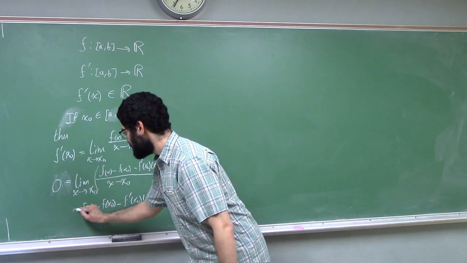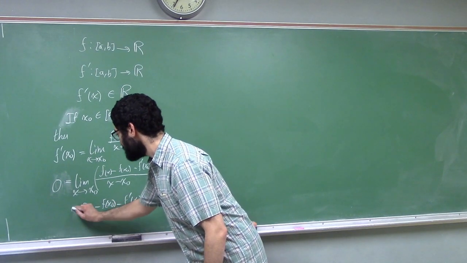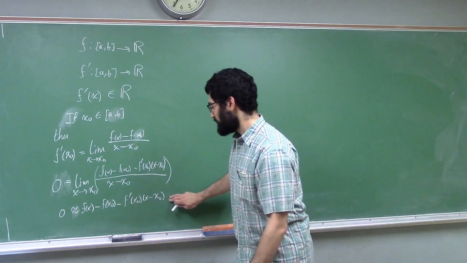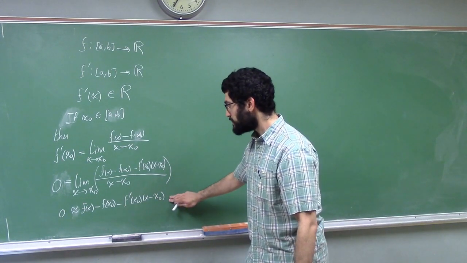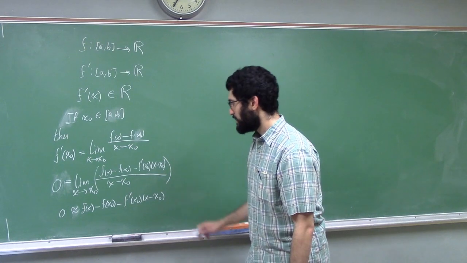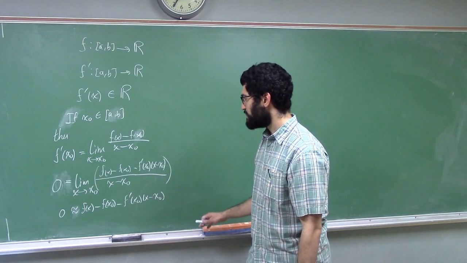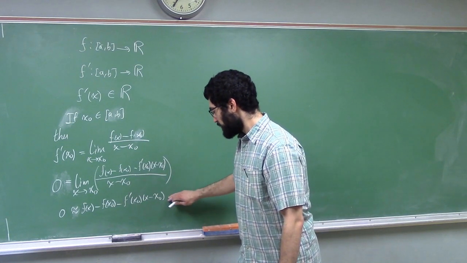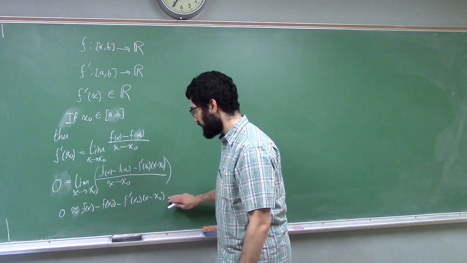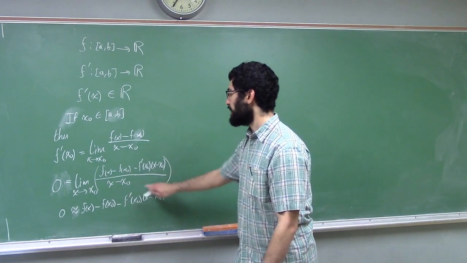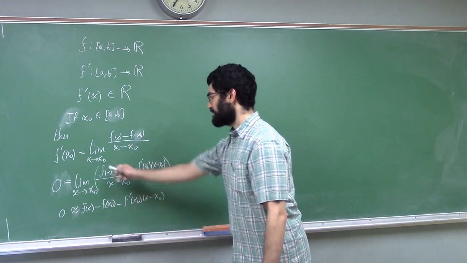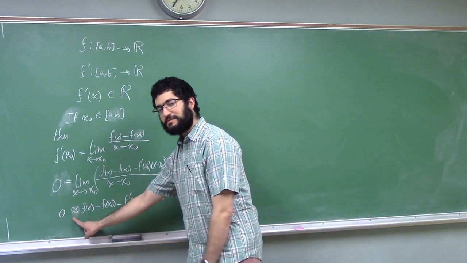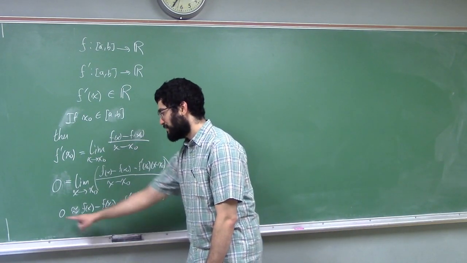So let me just use this terrible wiggly equals 0 to say that this is close to 0 when x is close to x naught. And more than that, it gets close to 0 when x gets close to x naught so fast that even if you divide it by x minus x naught, then that fraction still goes to 0 as x goes to x naught. So this is what I'll mean temporarily in this discussion by wiggly equals 0.